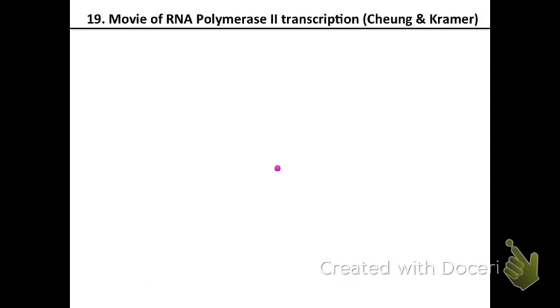Great. All right, next I'm going to show you a movie that was the result of decades of work with multiple people. They really wanted to understand what we call molecular machinery. How does this complex actually transcribe the DNA? They painstakingly took every initiation subunit, every polymerase subunit, and crystallized them.